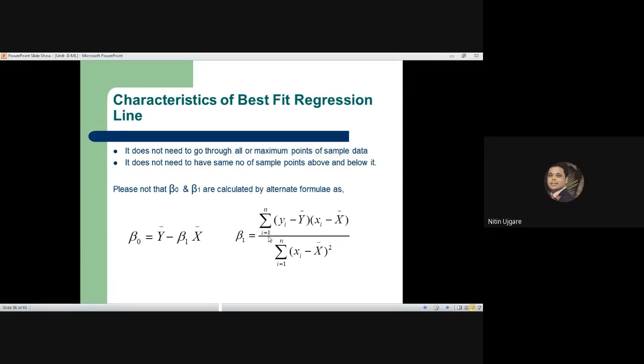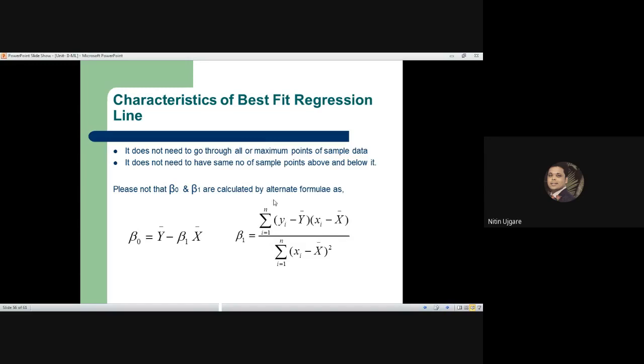So that is i equal to 1 to n of (yi, the y value for the ith instance, minus y bar) into (xi, the x value for the ith instance, minus x bar), divided by the summation from i equal to 1 to n of (xi minus x bar) squared.